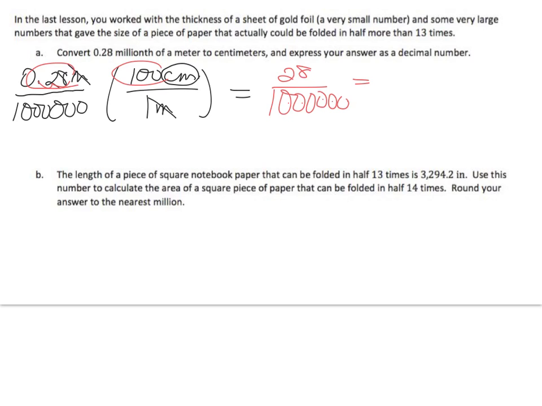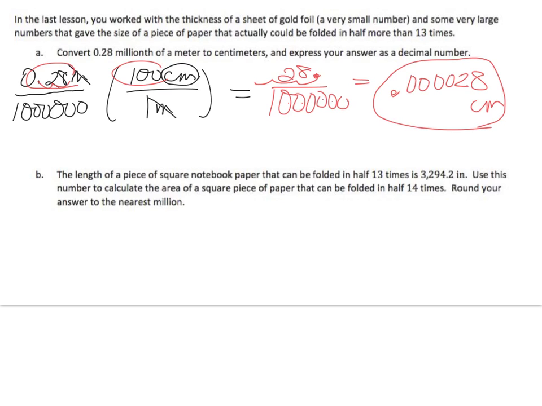That means I need to take this decimal place and move it over 6 spots. 1, 2, 3, 4, 5, 6. Yep. Centimeters. So I did that without a calculator. That always makes me sort of happy. So express your answer as a decimal number. There we have, decimal number.